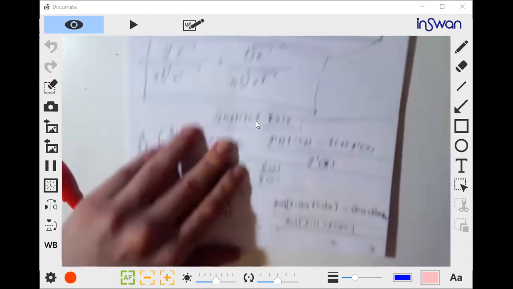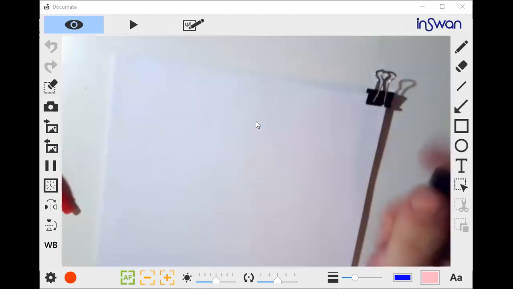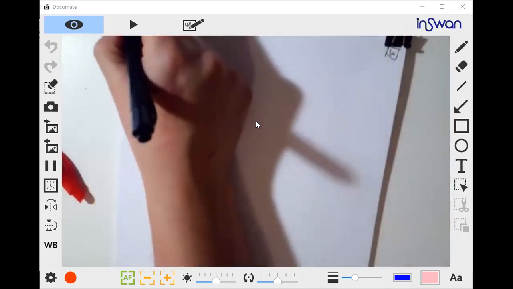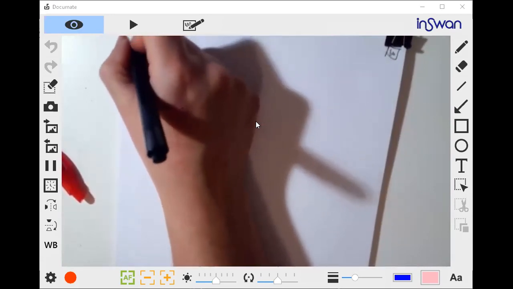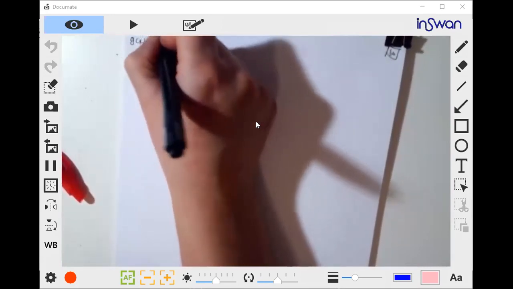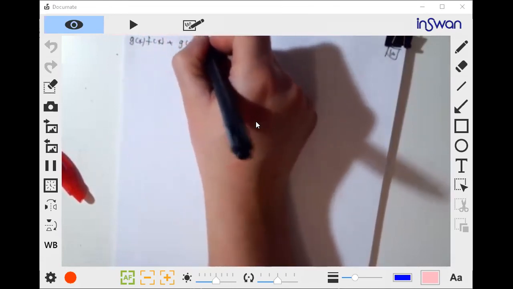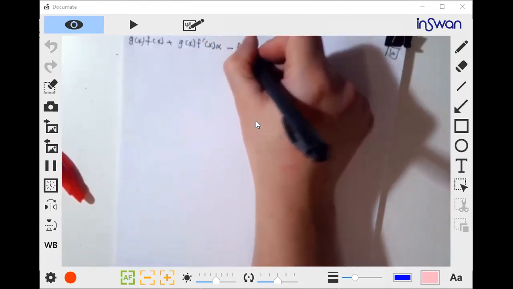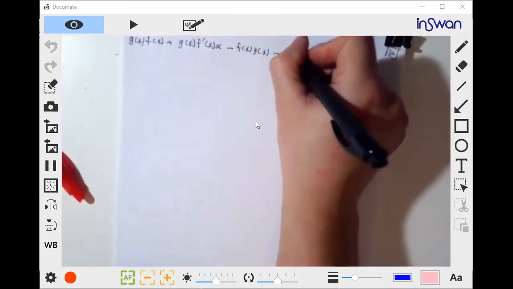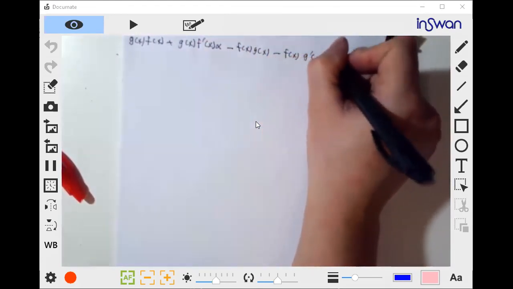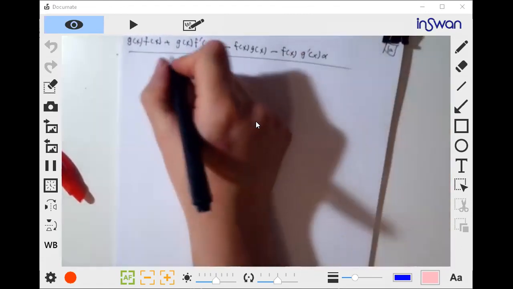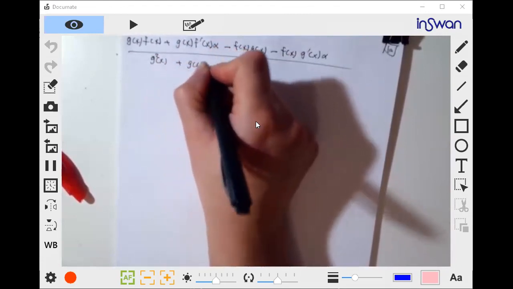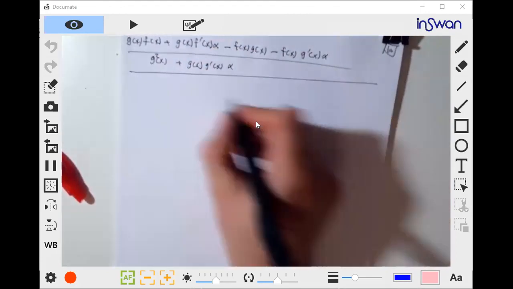And then we'll move the calculation to another page. So bringing the calculation down here, we get g of x, f of x, plus g of x, f prime of x, alpha, minus f of x, g of x, minus f of x, g prime of x, alpha, everything divided by g of x squared plus g of x, g prime of x, alpha, everything over alpha.